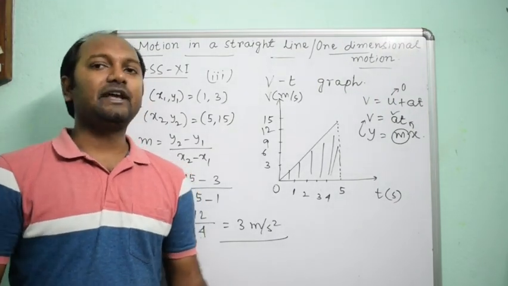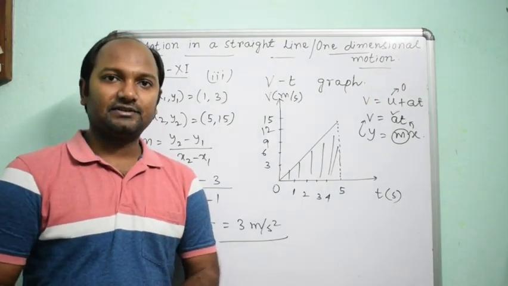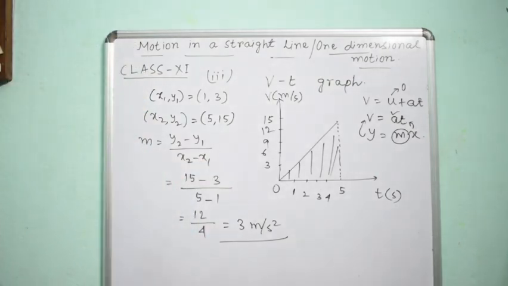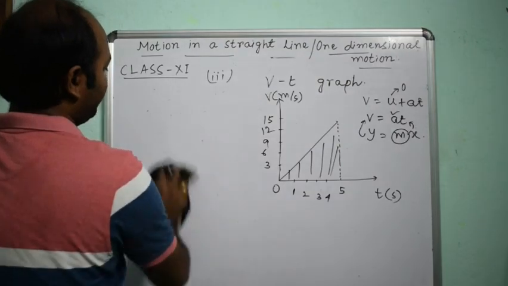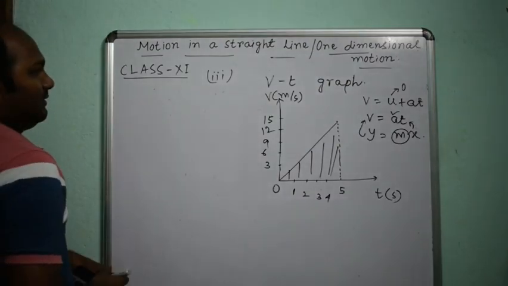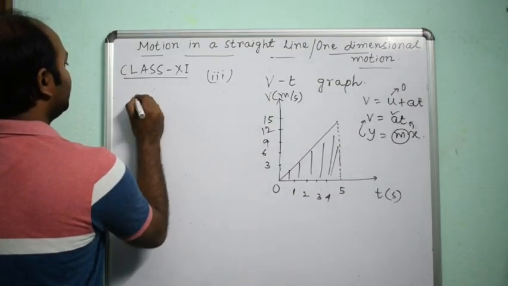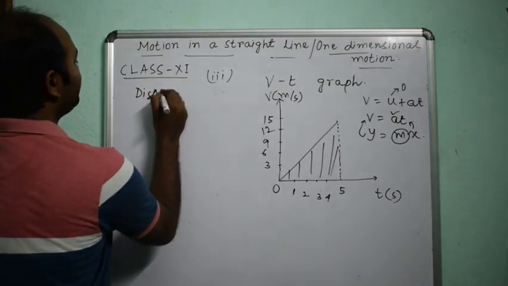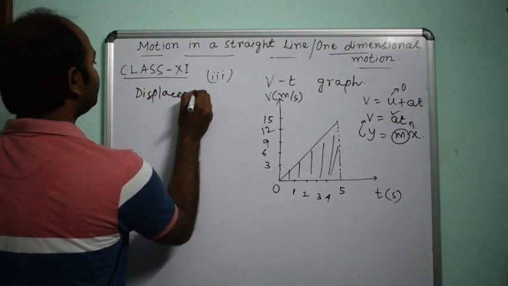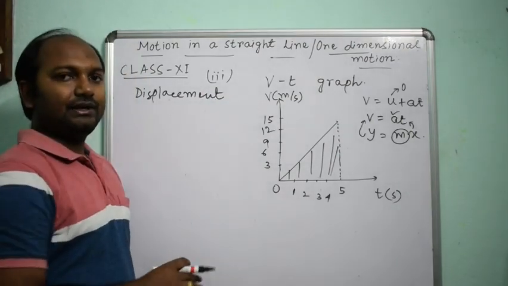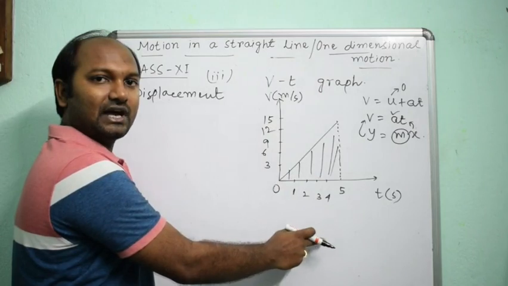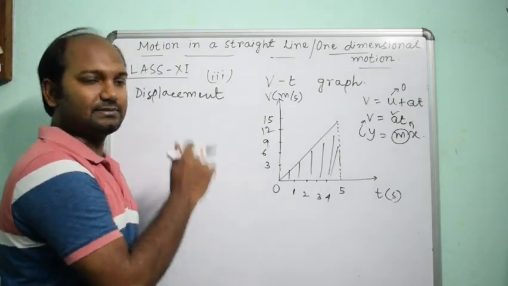Now let's find displacement from this graph. How to find displacement? In the first lecture I told you, if you find the area under the velocity time graph, it will represent displacement.